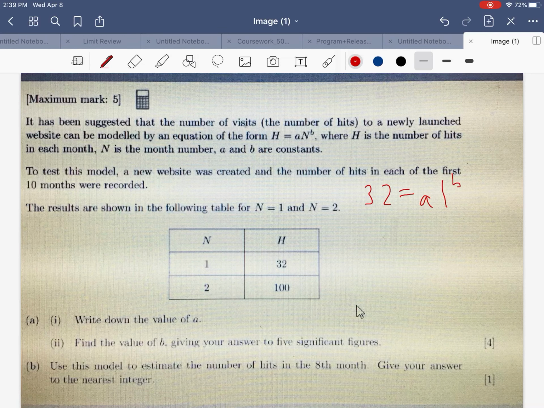And to the power of b. Well, 1 to the power of anything is just 1. So you have 32 is equal to a times 1. A times 1 is just a, so a is 32.